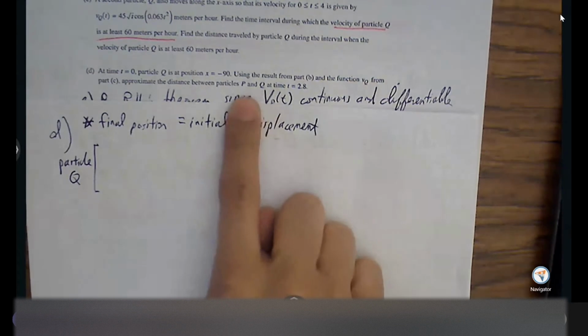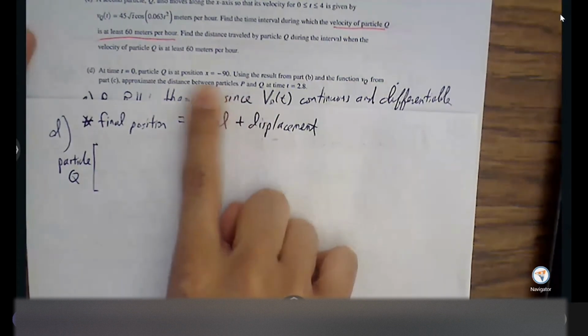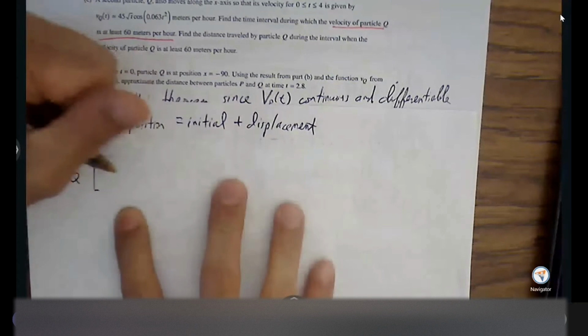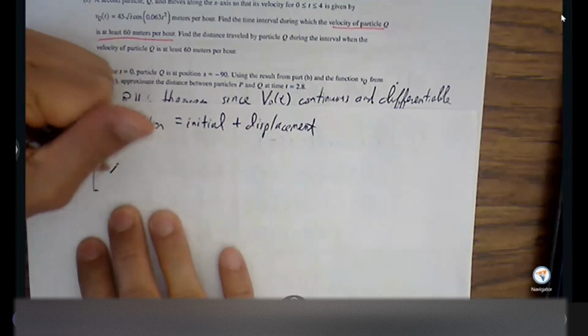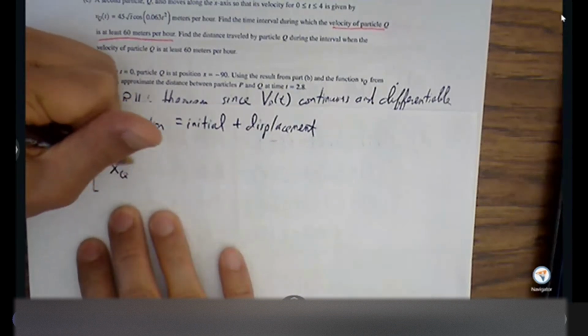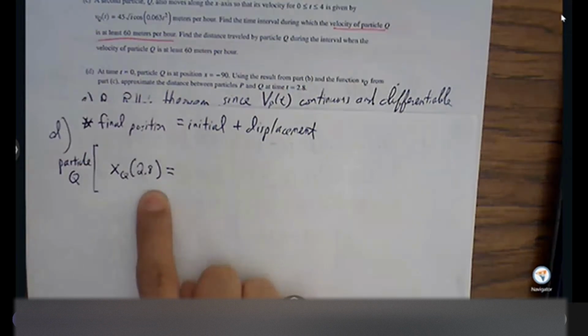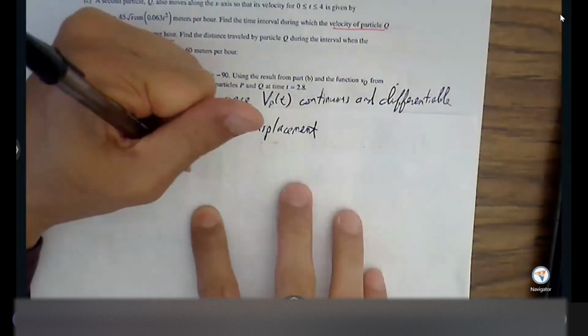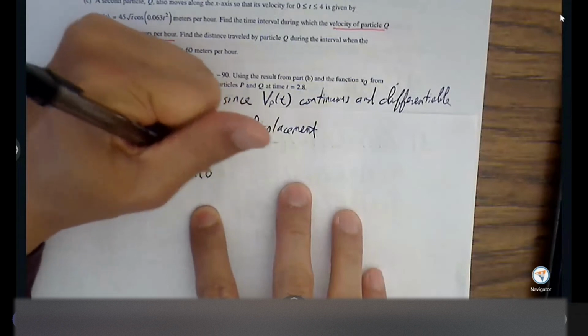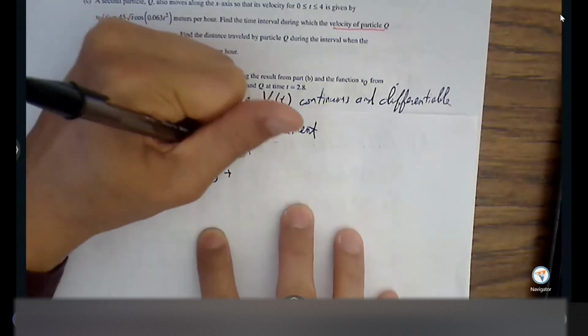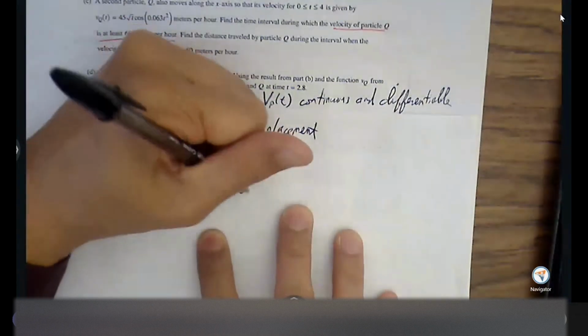So particle Q, we have initial time. So I'll say x_Q of 2.8 is x of 0, plus however much progress this particle makes between 0 and 2.8.